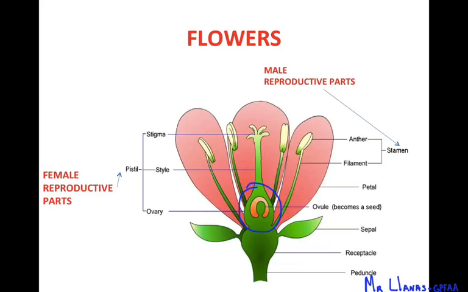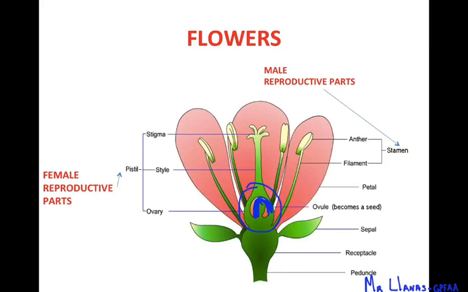In an apple, the ovary is actually the apple, so you're eating the ovary of a plant when you're eating an apple. Inside that apple there are seeds, and that's what the ovules located in here become. So the ovules become the seeds, and the ovary becomes the fruit.